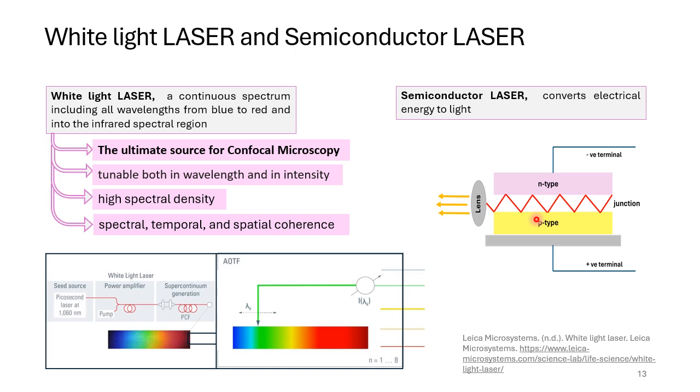Now these photons can further stimulate this electron hole pair recombination process, so this process gets amplified, and when the light reaches a certain threshold, it escapes through this lens as a coherent beam of light.